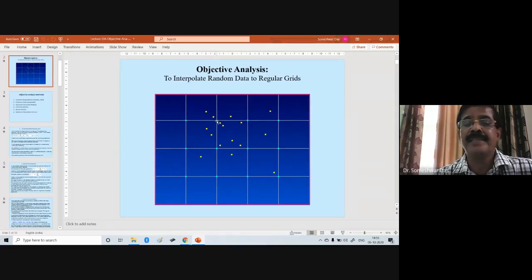Now we see that there are so many observation points around this grid point: 1, 2, 3, 4, 5, 6, 7, 8. So it is up to us how far away from this grid point we should go. That means how many observations away from this grid point of interest we should consider. Should we consider all the observations in this domain, or only the observations which are at a particular distance from the grid point? That is up to us.